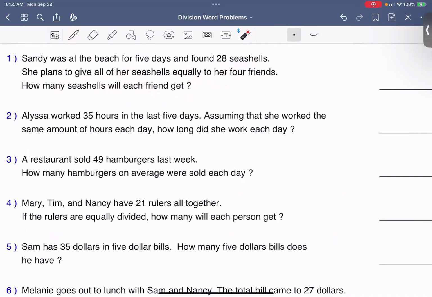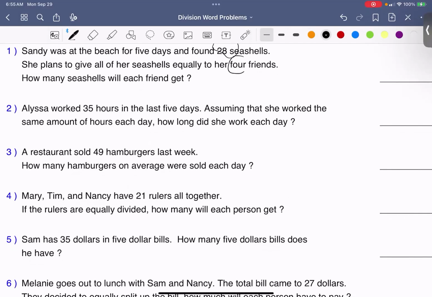So words that I'm seeing are each, equally. That's telling me it's divided. So we're dividing. So there's 28 seashells. Then she has four friends. So 28 divided by 4 is equal to 7.